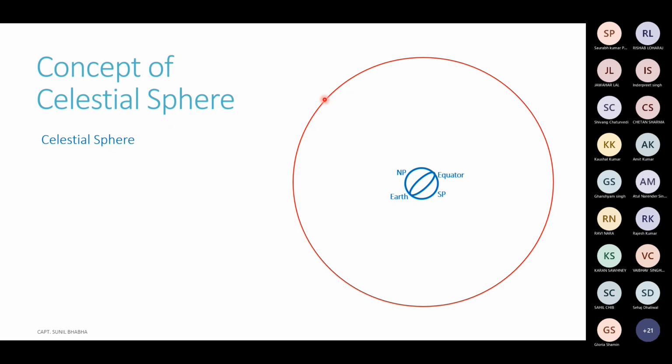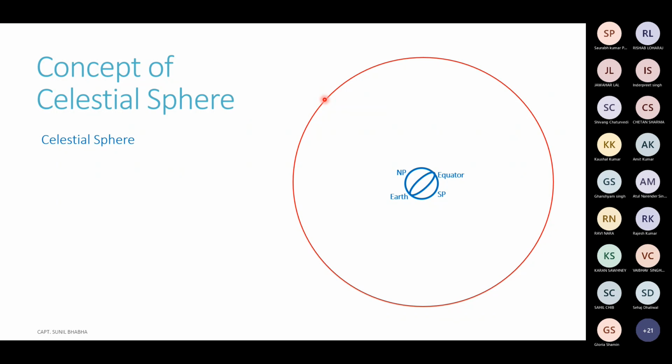Just to name, the cosine formula and Napier's rules are very important relations in spherical trigonometry. So once you consider all the celestial bodies to be situated on the celestial sphere, we can easily use these formulas to calculate the required items which we need for our purpose, or to fix up the position of the ship. So that was the advantage or the purpose of imagining this celestial sphere.